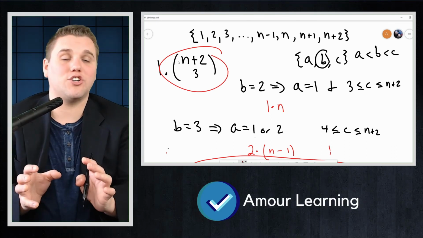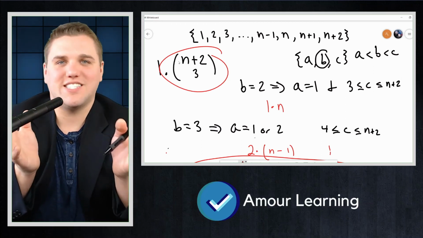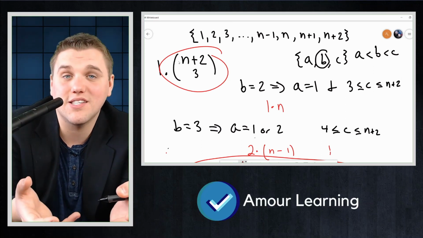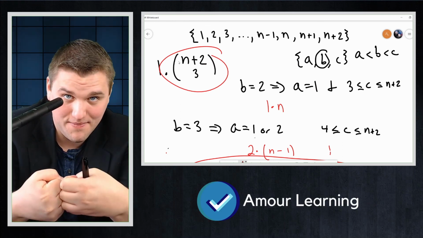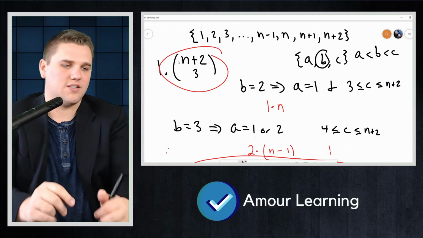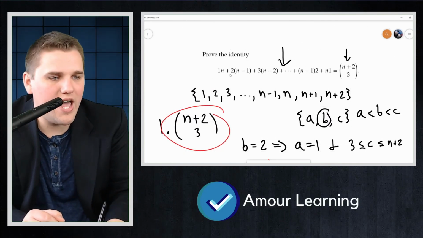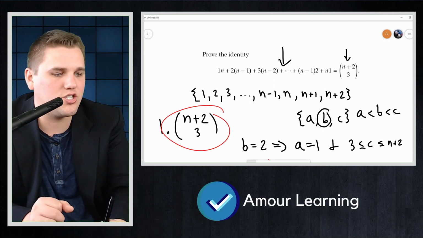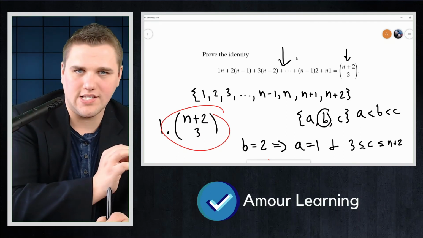We answered this question in 2 different ways, but it's the same question with 2 different answers, which means that these 2 answers have to be the same. And so because of that, that means that 1 times n plus 2 times n-1 plus 3 times n-2, and so on, this left-hand side must equal the right-hand side.